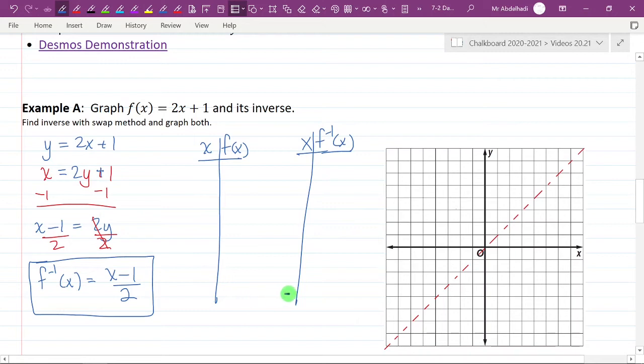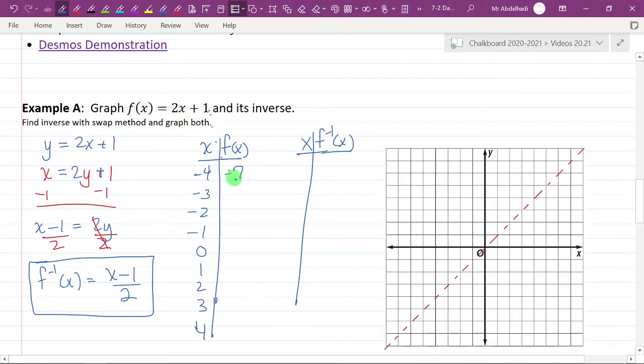Let's see. We'll start at, I think, if we go back to -5. Well, -5 would be -10 plus 1 would be -9. That'd still be off the graph. So let's say -4, -3, -2, -1, 0, 1, 2, 3, 4. And we're going to plug those into the function here. So this would be -8 plus 1 is -7.